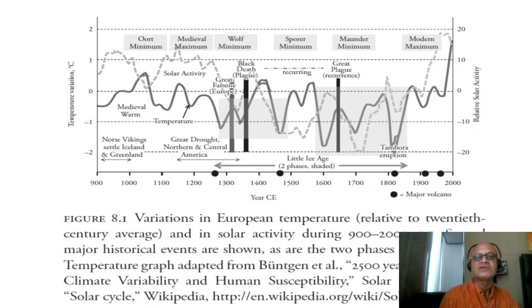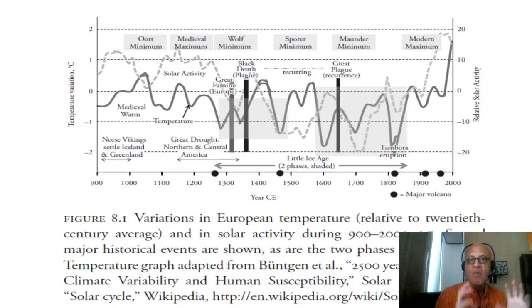And the third way is through solar activity, which is shown here as the Wood minimum, medieval maximum, Wolf minimum, Sporer minimum, Maunder minimum, and modern maximum. Essentially, if you don't already know, the sunspots, which are magnetic knots on the sun, actually create a brighter spot around them.